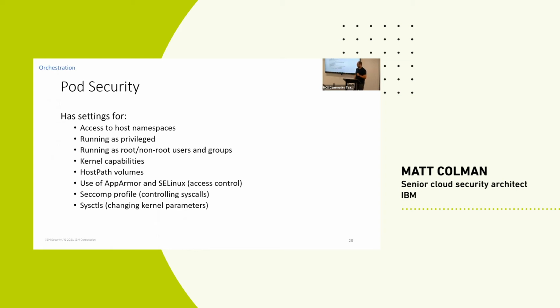An interesting one just to pick out from that list is around the running of root and non-root containers and something called kernel capabilities. Kernel capabilities, if you search on Linux capabilities, is what you'll find when you Google it.